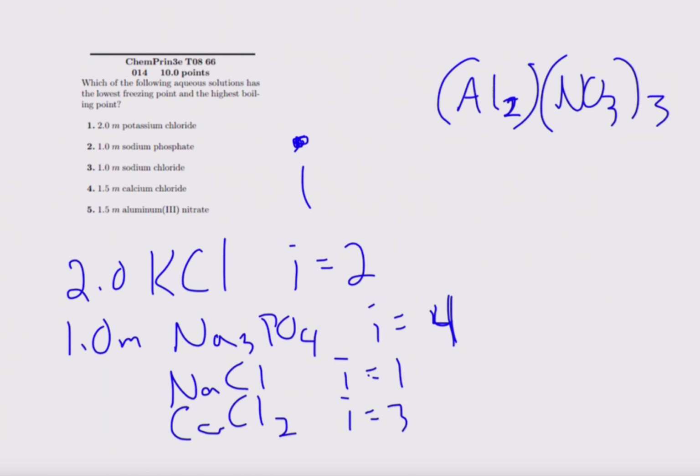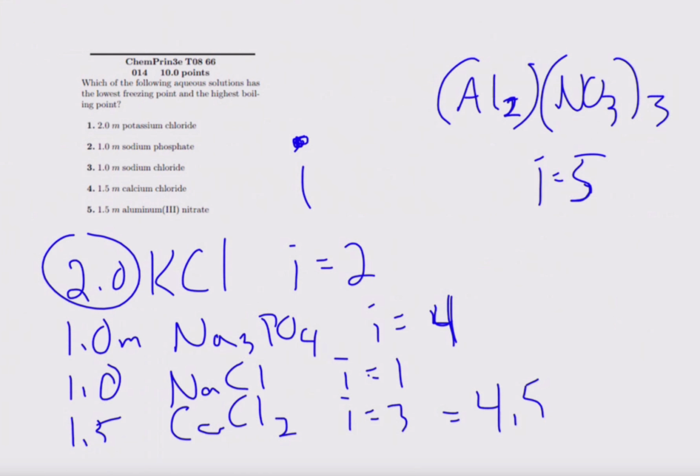And that's a 1.5 molal solution, and it is going to have an I factor of 5: 2 aluminums and 3 nitrates. So even when you take account of the fact that we've got a 1.5 molal solution, so 1.5 times 5 would actually be 7.5, while this is 4, this is 4, this is 1.